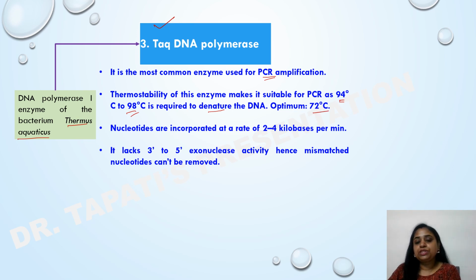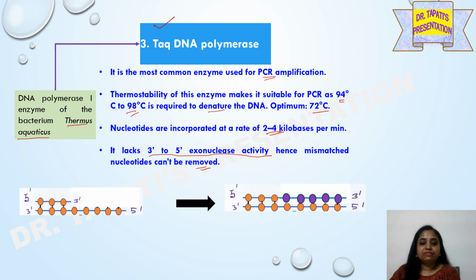Nucleotides are incorporated at a rate of 2 to 4 kilobases per minute. However, it lacks 3' to 5' exonuclease activity. Hence, mismatched nucleotides cannot be removed by this enzyme. Only DNA synthesis is happening.